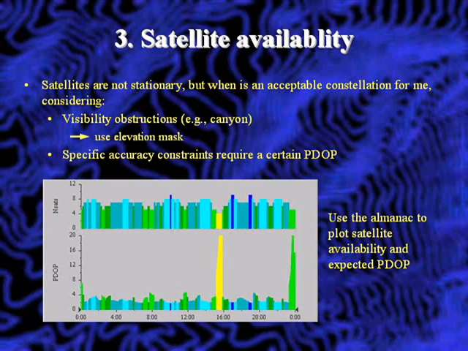Then the third step in this cycle is to actually take a look at the satellite availability. Well, we know the satellites are not stationary, so there's always a different constellation out there, right? So now it is important, specifically because you have always a different PDOP and visibility obstructions, you have to consider those as well.